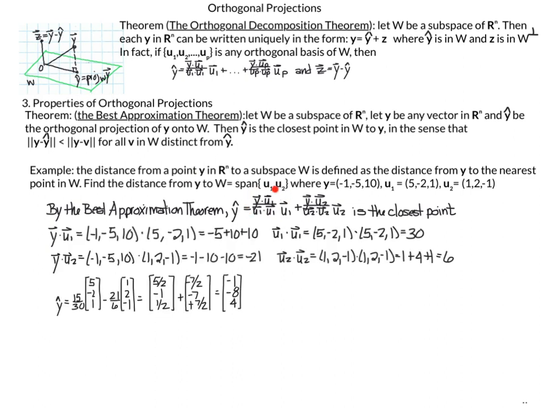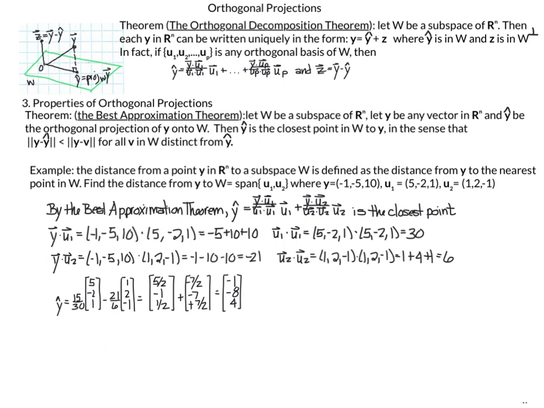Plugging into this formula, I'll start with y dot u1, which is negative 1, negative 5, 10 dot u1, which is 5, negative 2, 1, is equal to, looks like 10 plus 10 is 20, minus 5 is 15. u1 dot u1 is our 5, negative 2, 1 dot 5, negative 2, 1, which is 30.